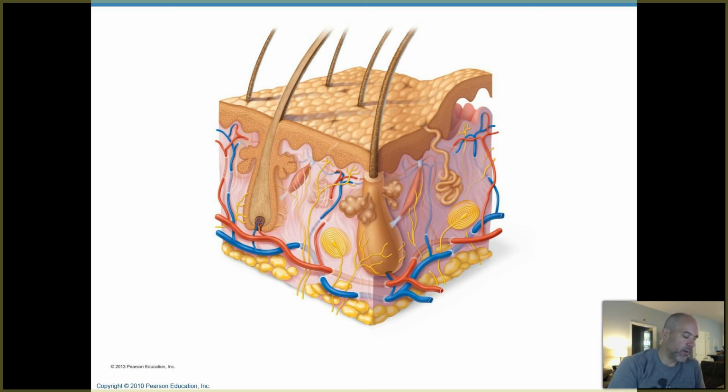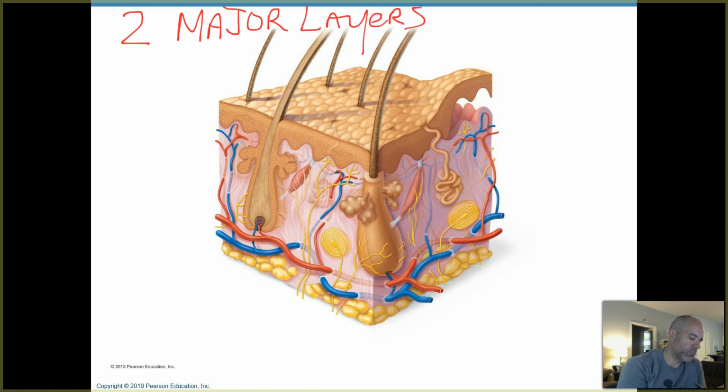All right, so first of all, the skin is divided into two major layers. This one right here that you see, the wiggly border there at the bottom, the deep border, all that brown area you see there, that's one of the two. That's called your epidermis. You've no doubt heard that term before.